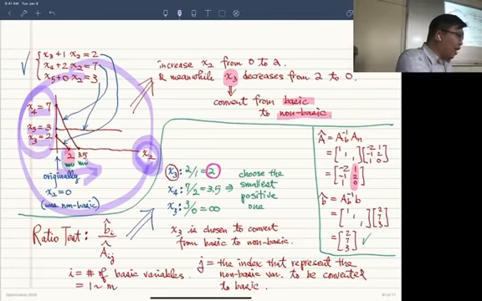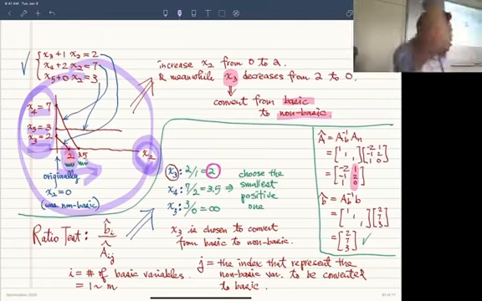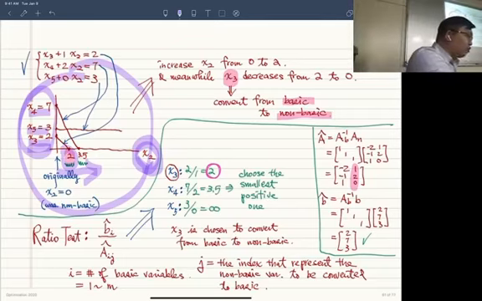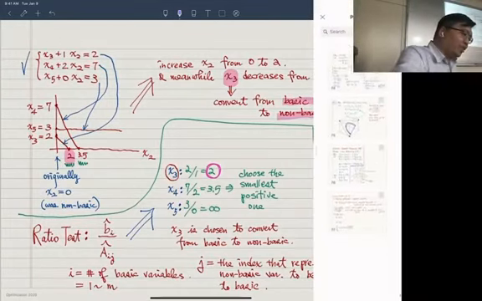And in this case, x3 will reduce to 0 when x2 increases to 2. So this value 2 will be the smallest positive value that we found in our ratio test. That's why this variable x3 should be converted to 0. Okay, so whether you still remember those or not, you could always come back to review what happened.